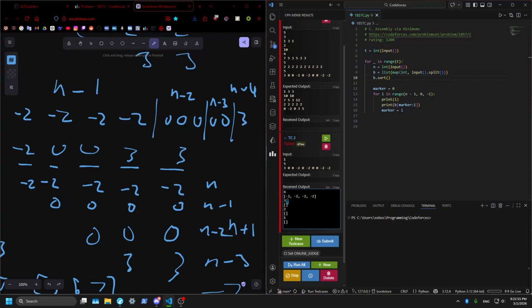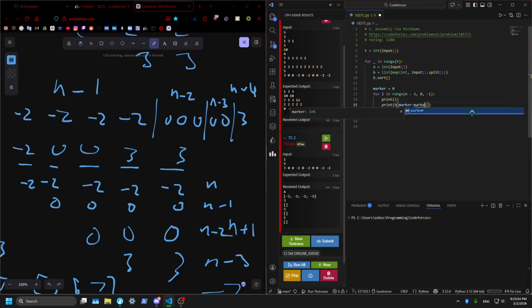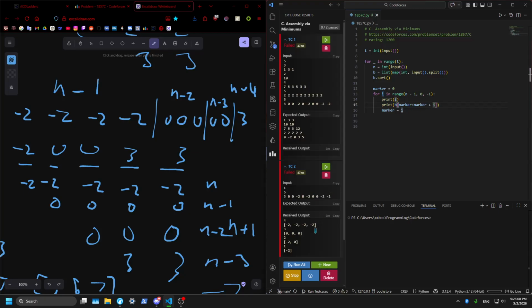Why did it stop working here? 3 should be marker plus i. 2, 2, 2, 2.